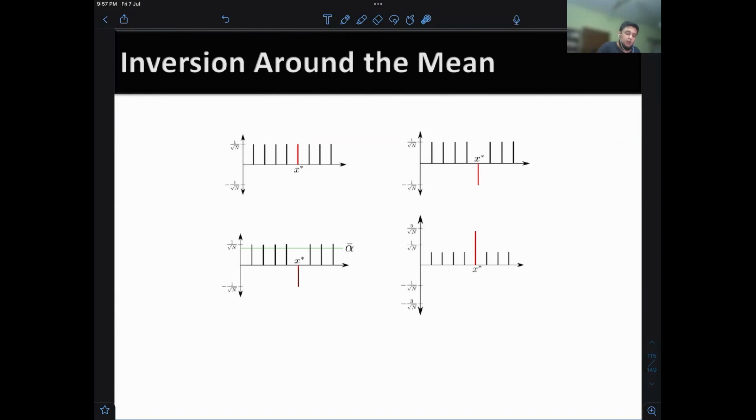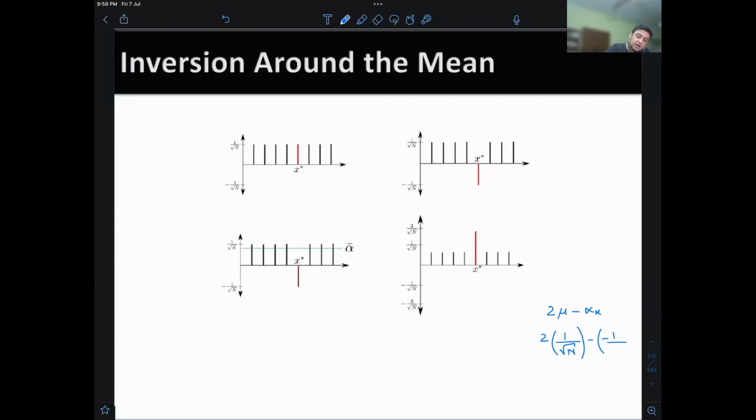What will happen? Let's do the analysis of that expression that we calculated in the previous slide. We know that in front of the marked item, the new amplitude will be 2 mu minus alpha sub x. What's the average? Let's assume it's just 1 over square root of n, which it is approximately. The amplitude in front is not 1 over square root of n, but minus 1 over square root of n.